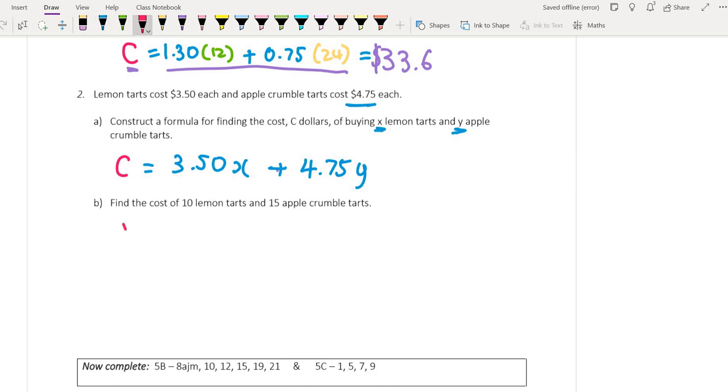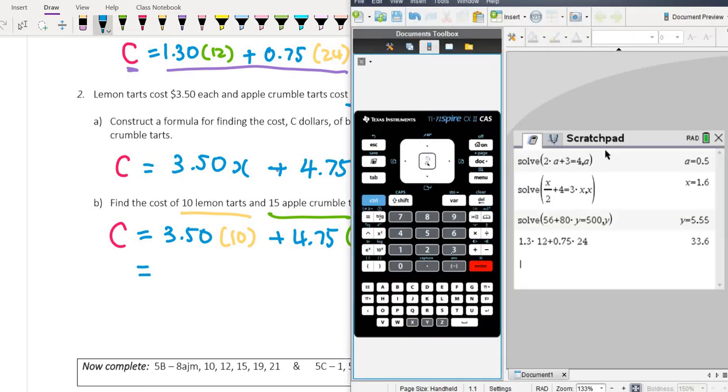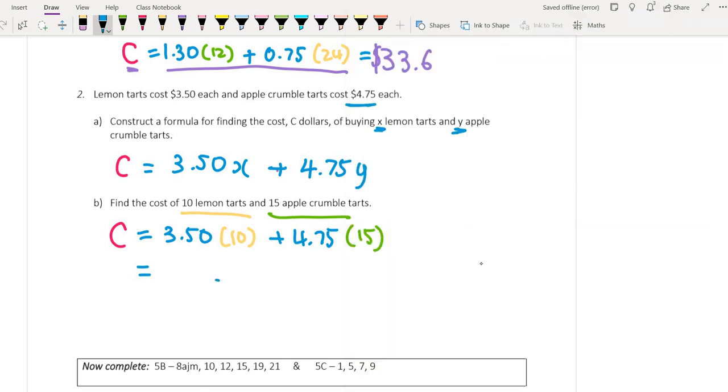And we're asked to find the cost of 10 of these, and then 15 of apple crumbles, and then again just use the CAS to solve this. So 3.5 times 10 plus 4.75 times 15, it's $103.